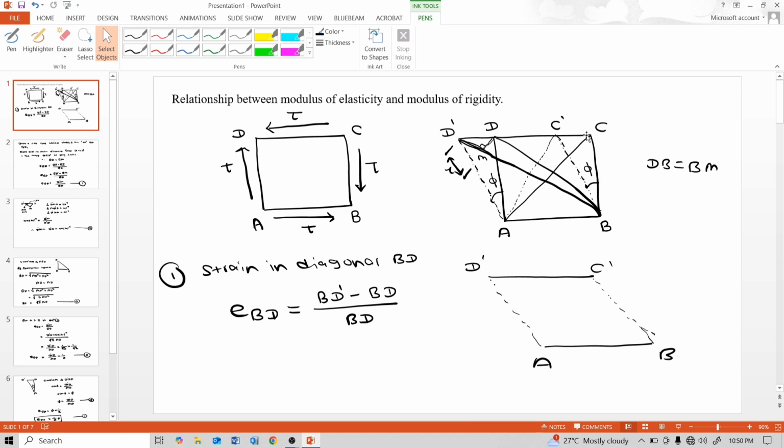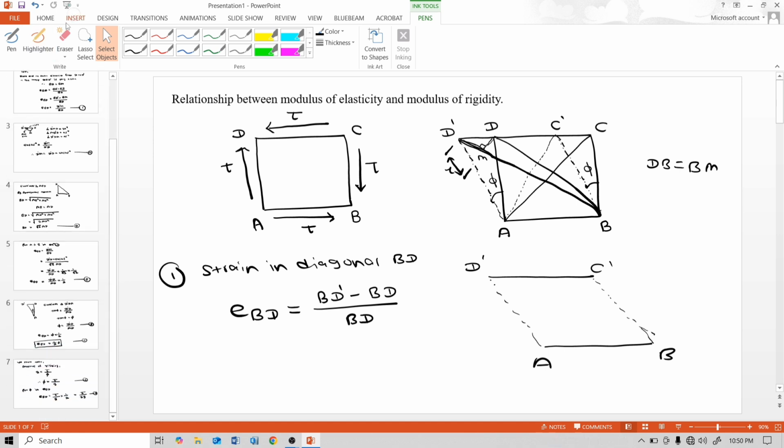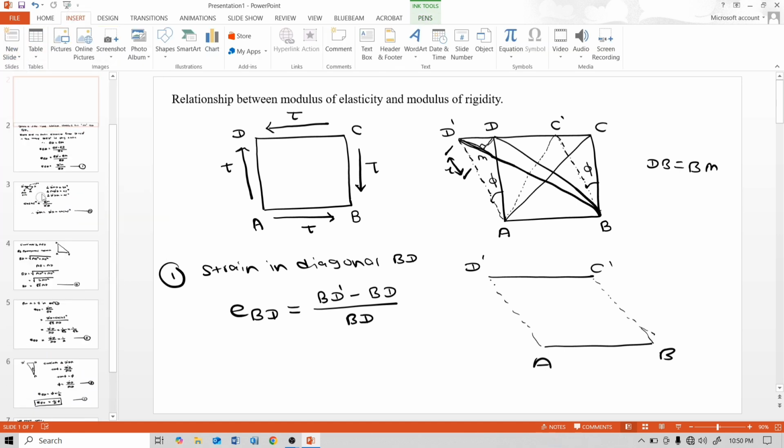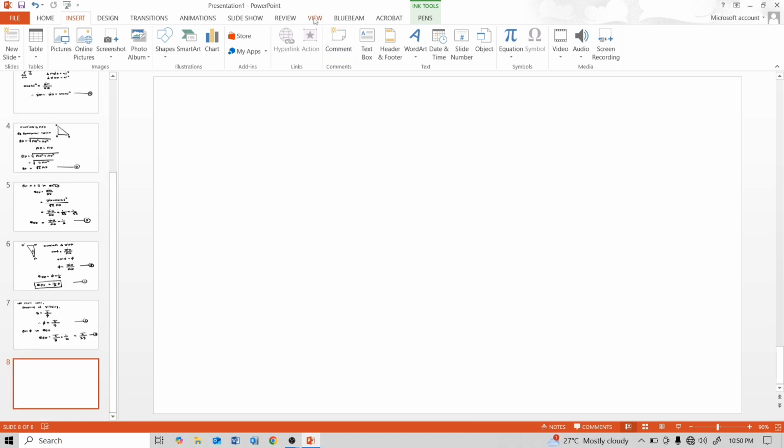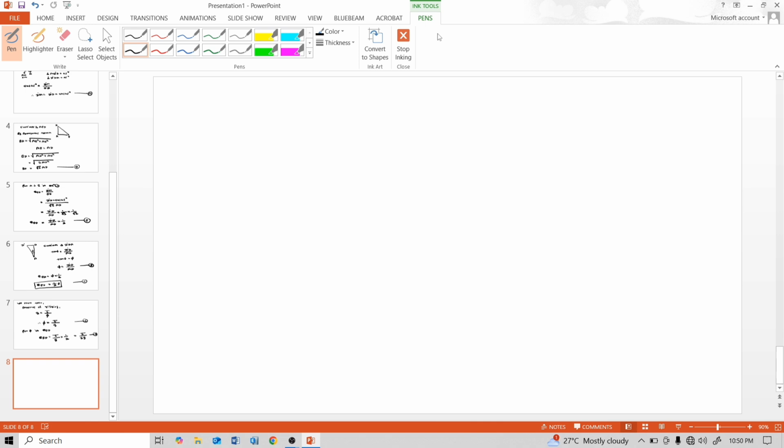See this, due to this shear force there is increase in this diagonal, longitudinal strain increases, and the AC lateral strain decreases. Right here, due to shear stress, the diagonal BD is subjected to a tensile stress.